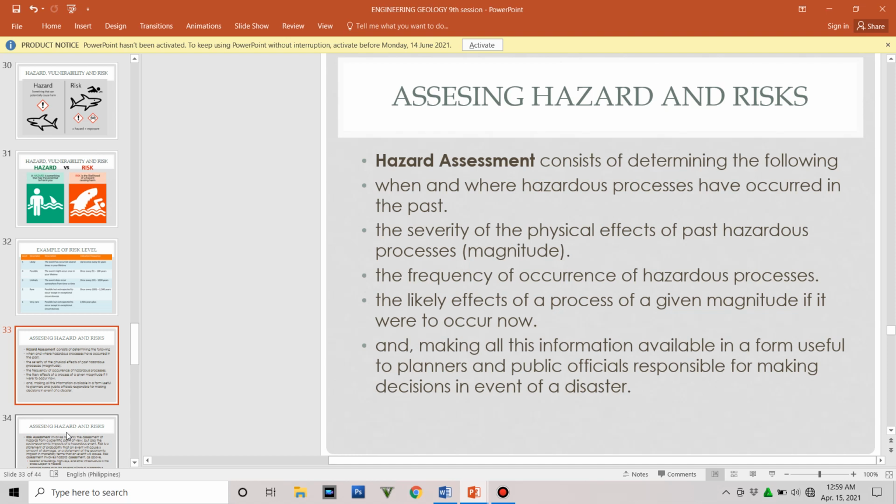Every 5 months, every 2 months, every month. Then the likely effects of a process of a given magnitude if it were to occur now. And making all this information available in a form useful to planners and public officials responsible for making decisions in an event of disasters.